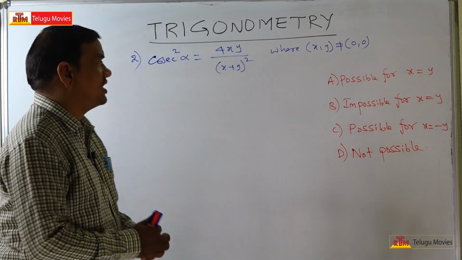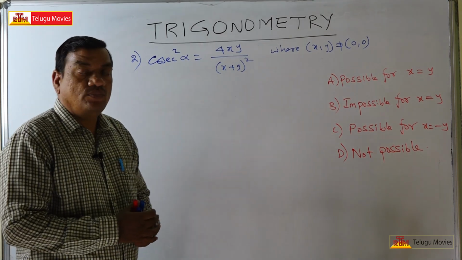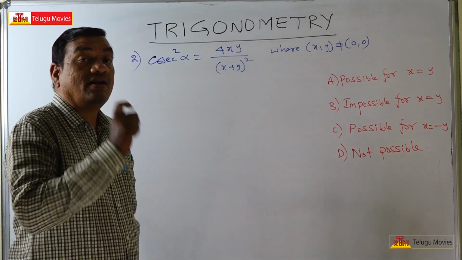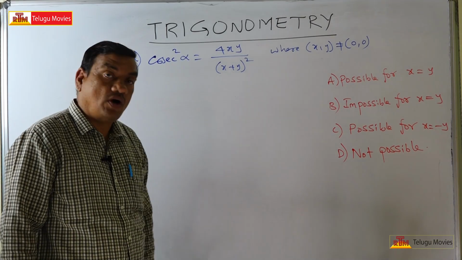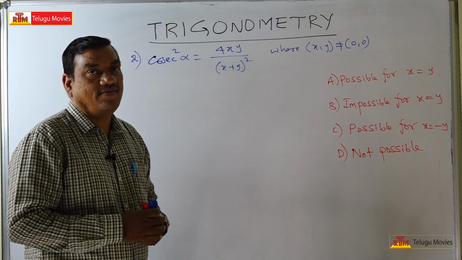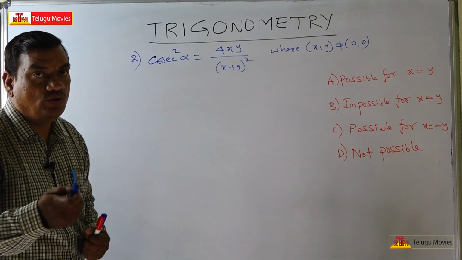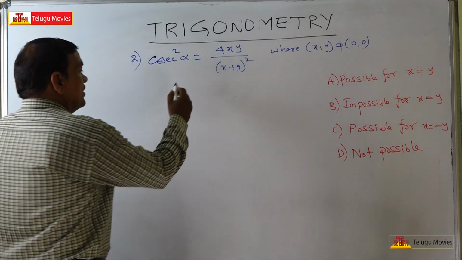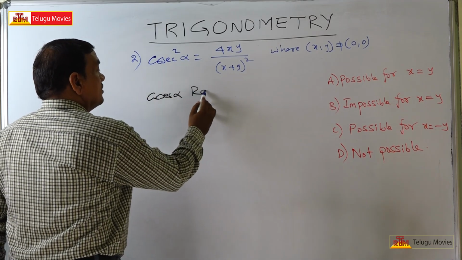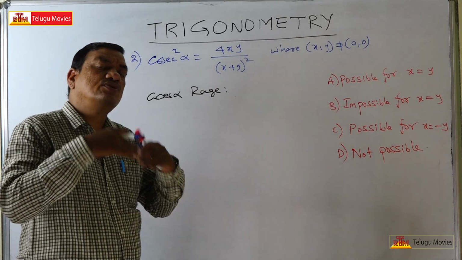Then how to proceed with this type of problem? To solve this problem, you have to know the range of cosecant alpha. Understand what is the range of cosecant alpha? I already explained. To remember it, cosecant alpha's range is quite opposite of sin alpha.